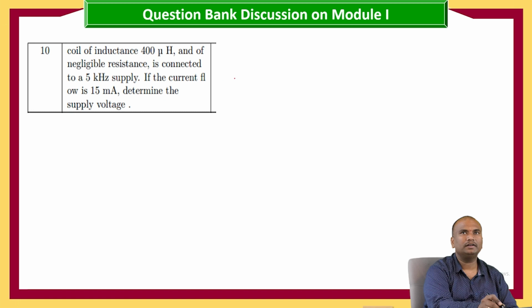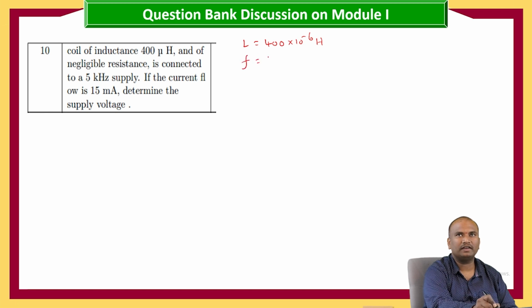So here the inductance value is given as 40 into 10 to the power of minus 6 henries, and the frequency is given as 5 into 10 cube Hz, and the current is given as 15 into 10 to the power of minus 3, and we need to calculate what is the voltage across the inductor.